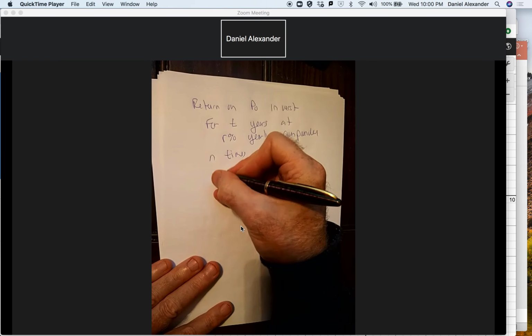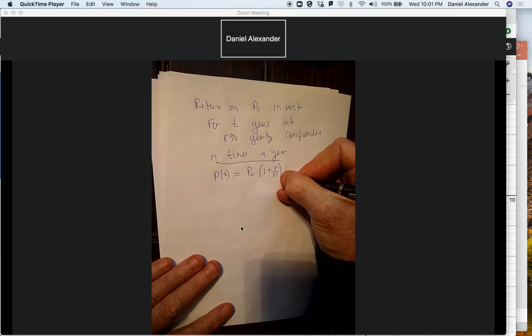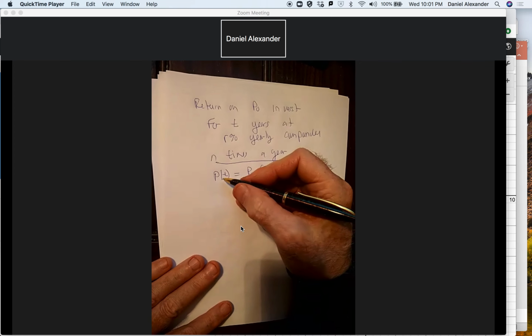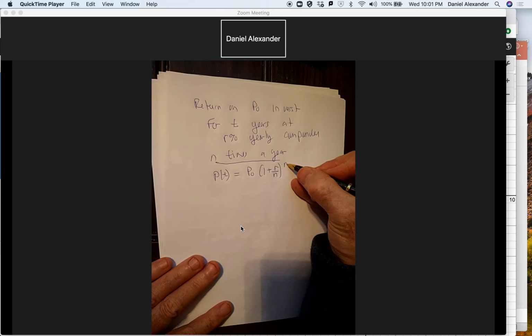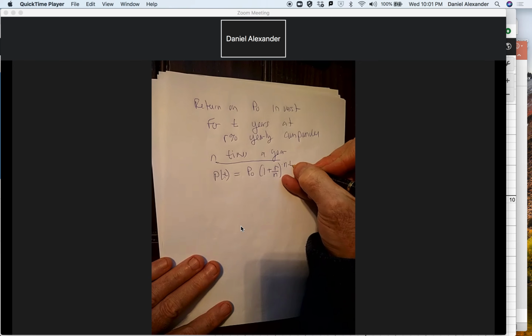That formula is P of t, that's our function. Your initial investment, times how much you would get paid n times a year, so it would be 1 plus your rate over n, and then raised to the number of times that you could get the interest paid. If it was 1 year, it would just be n. If it were 2 years, it would be 2 times n. And if it's t years, it's going to be n times t.